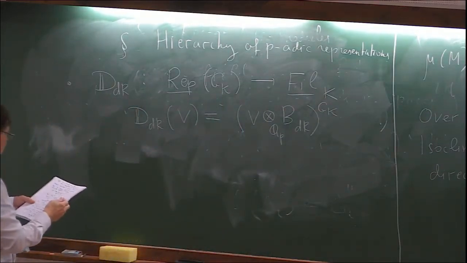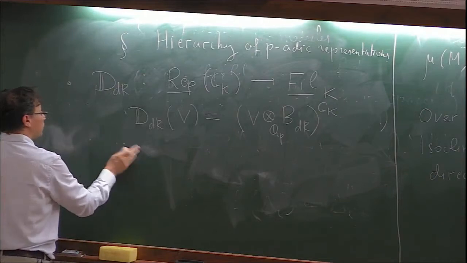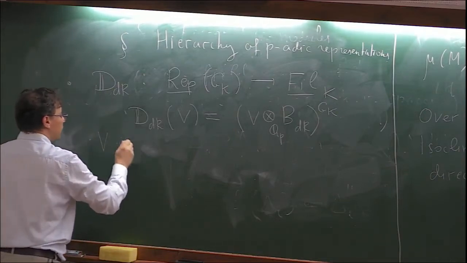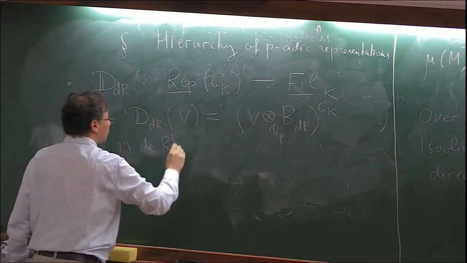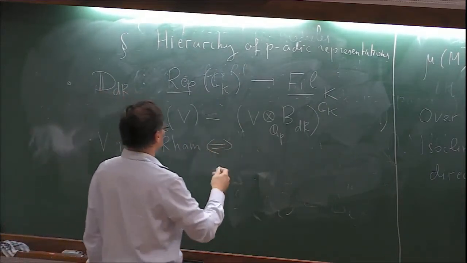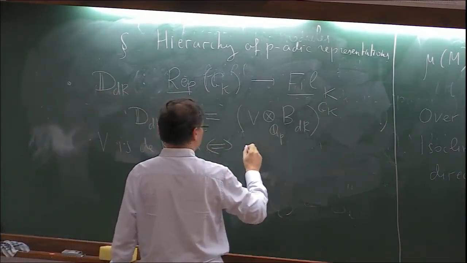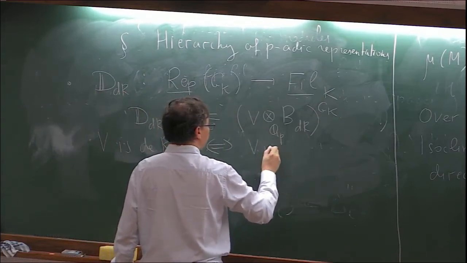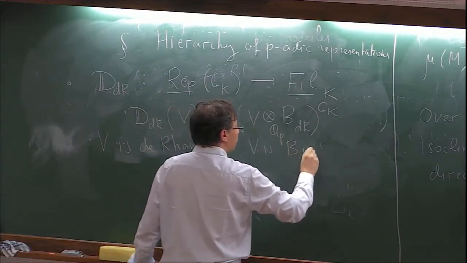So we will say that V is a de Rham representation if and only if it is B_dR admissible.